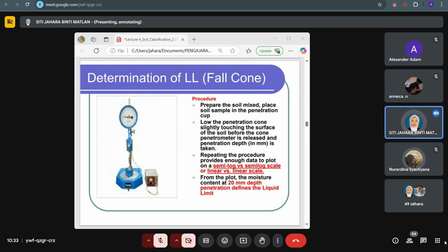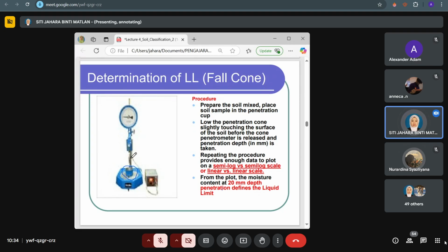We prepare the mixed soil sample and place it in the penetration cup. As you can see from the slide, this is the penetration cup, where we will put our mixed soil sample, and then gently lower the cone to touch the soil surface.